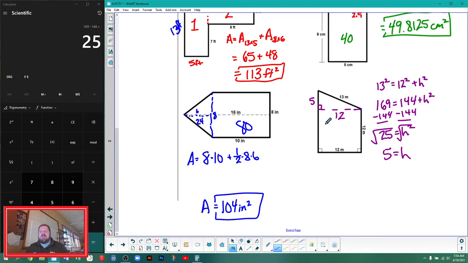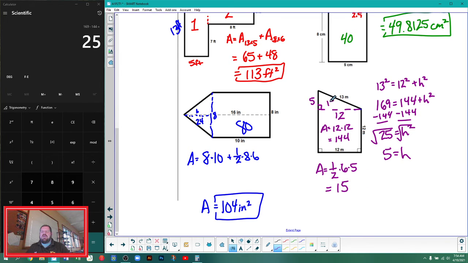And now we have everything we need. The area of this square at the bottom is 12 times 12, or 144, which I'm okay with putting easy formulas in the shape that you're finding the area of. And then the area of the triangle is going to be 1/2 times 6 times 5. I'm actually going to write that. 1/2 times 6 times 5. 6 times 5 is 30, and half of that is 15.